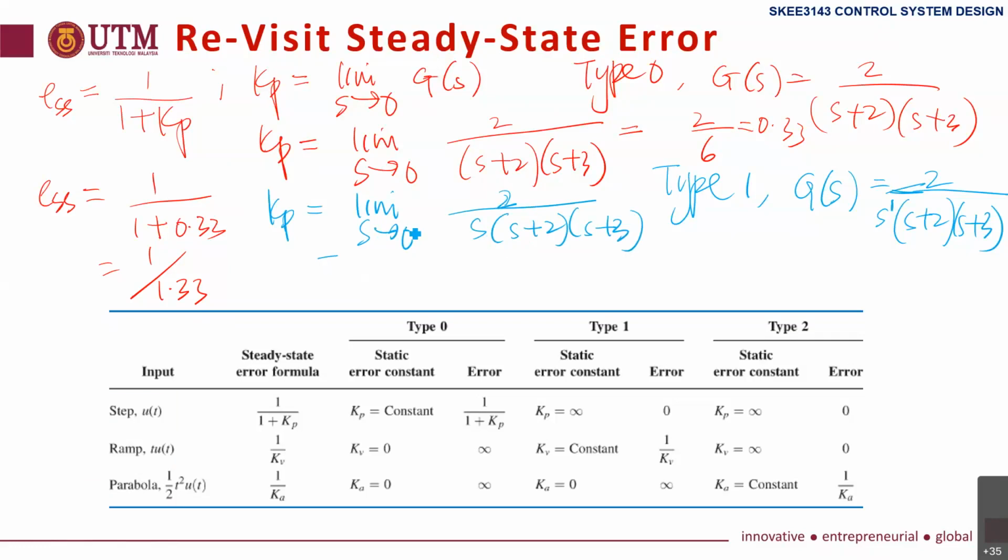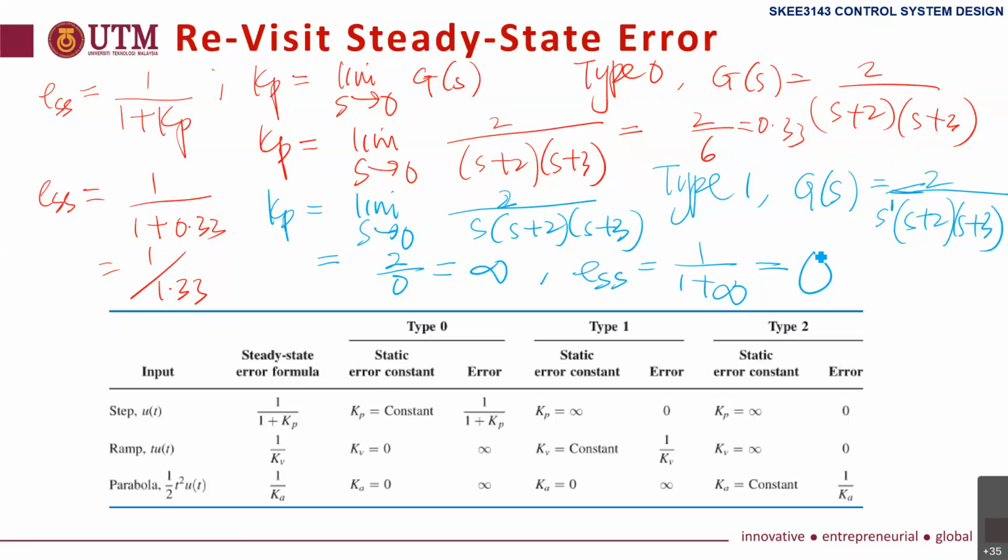Now when we substitute 0, because there is an s at the denominator, it becomes 2 over 0, which is infinity. When Kp is infinity, the error will be 1 over 1 plus infinity, which is 0. 1 over infinity, we assume 0.